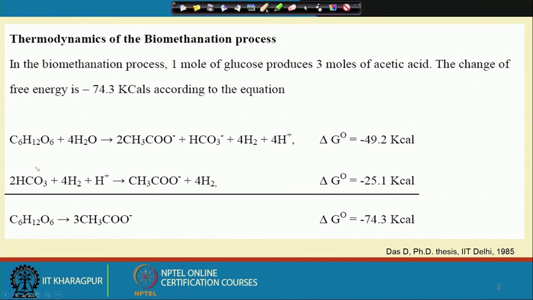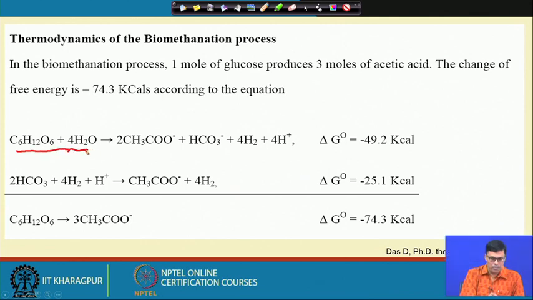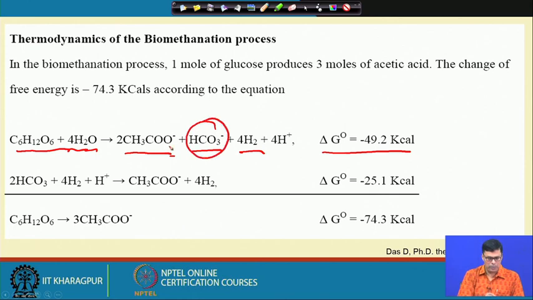So, when you consider glucose in the presence of water, it produces acetic acid and hydrogen, and this is carbonic acid, and the free energy change is minus 49.2 kilocalories. Now, this carbonic acid in the presence of hydrogen produces acetic acid.